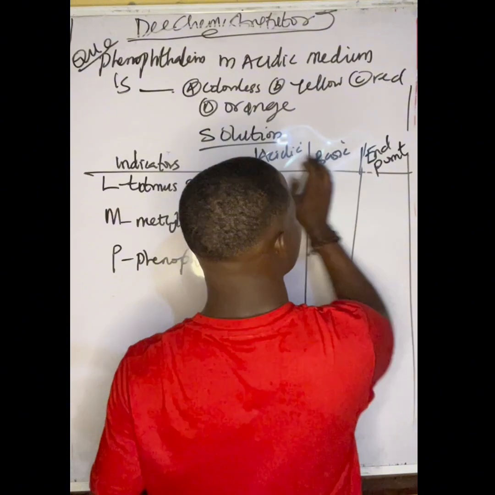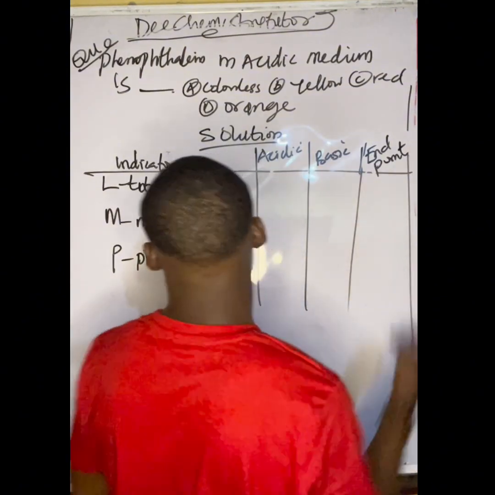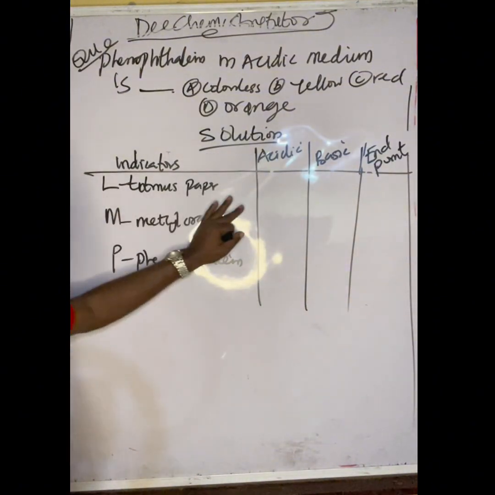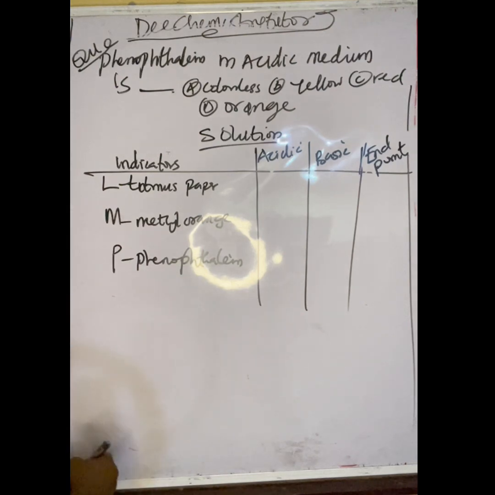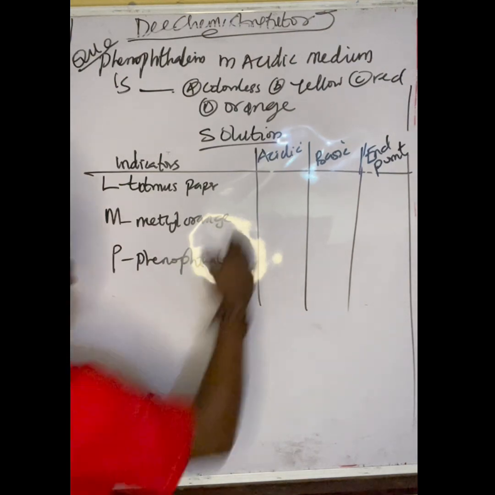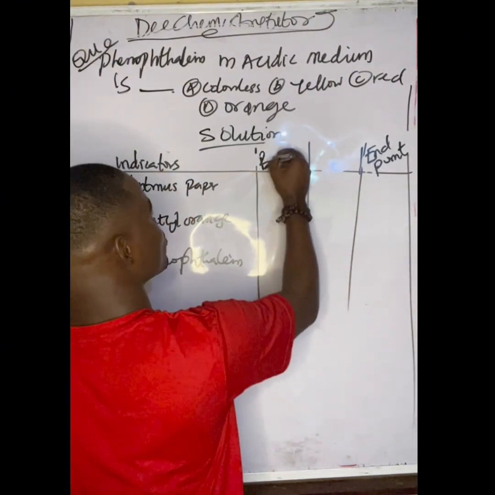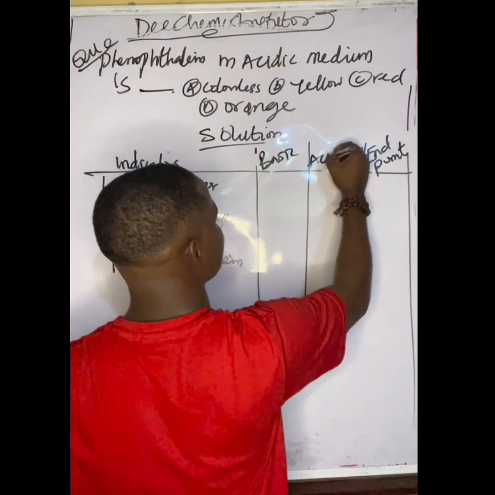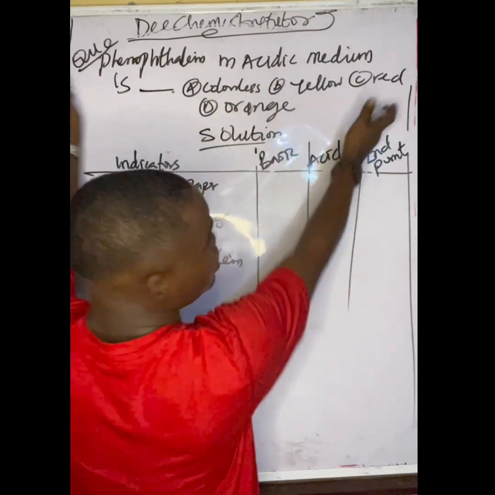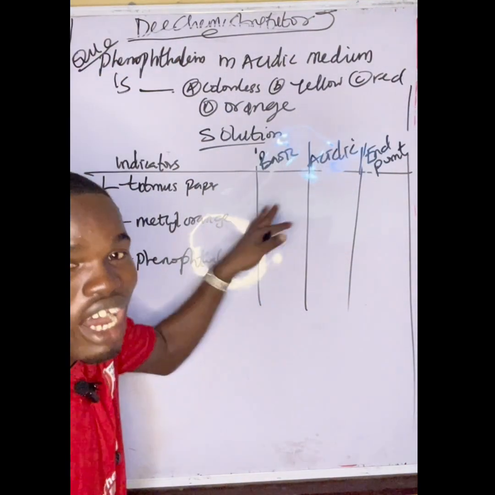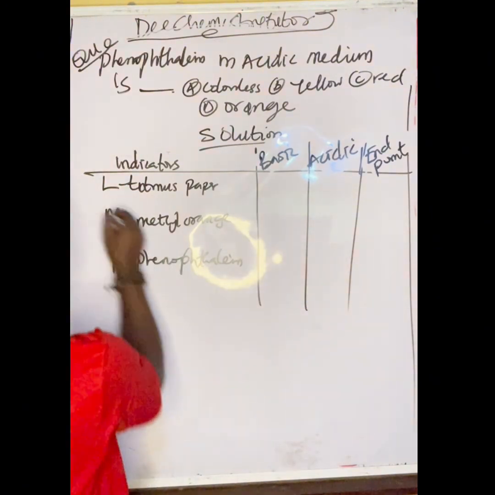That is not either basic or acidic at the endpoint. So litmus paper, LMP. I told you I don't know this answer, but I know that after this magic, I will get the answer.